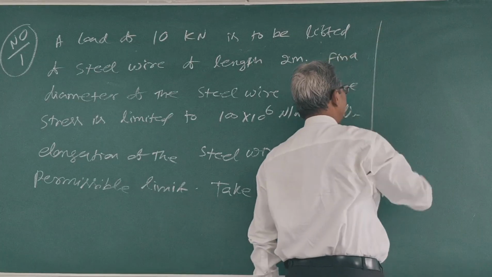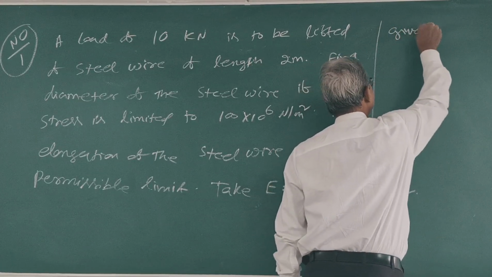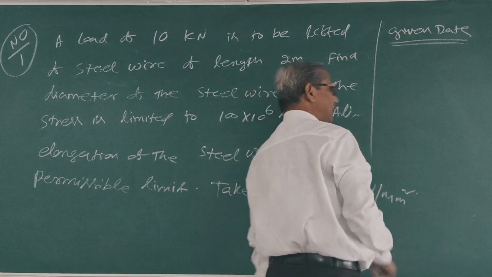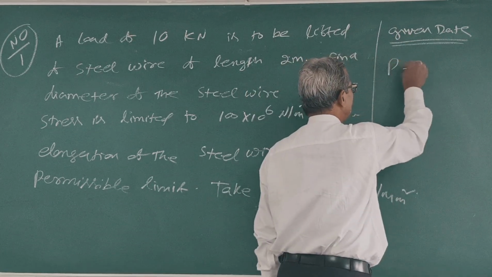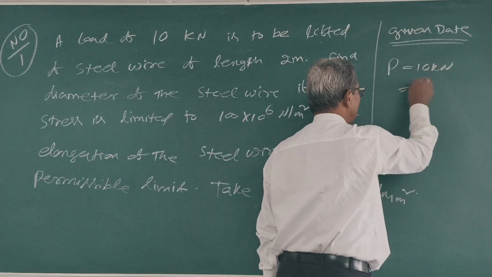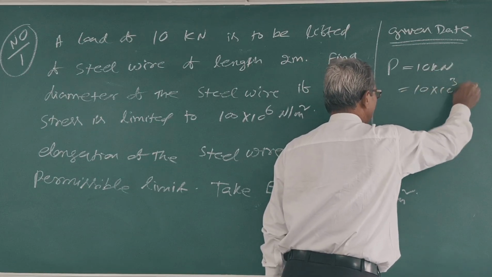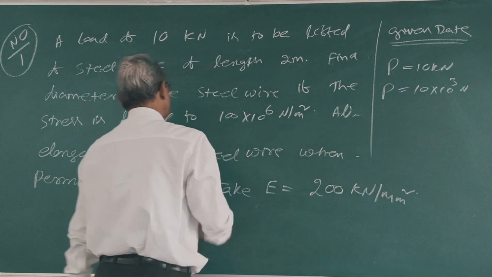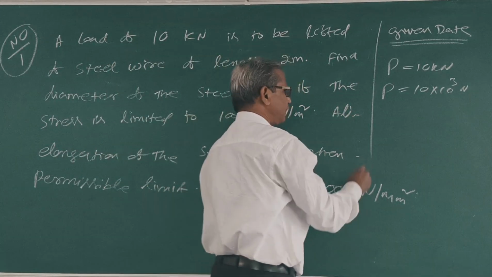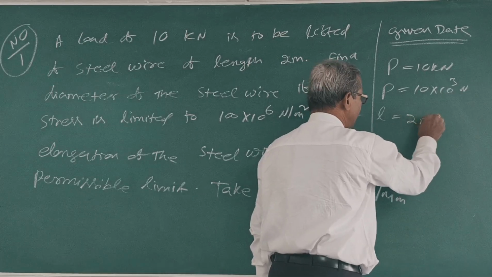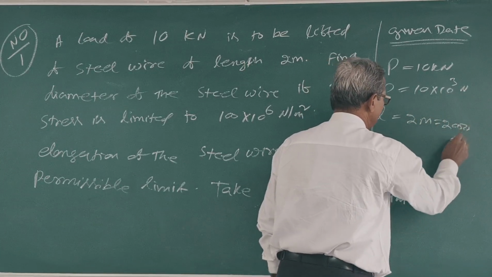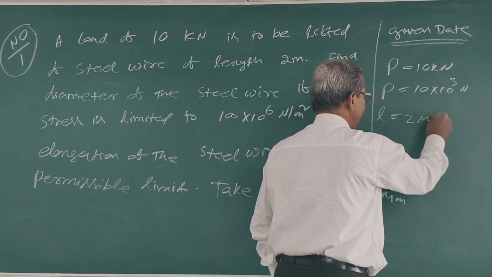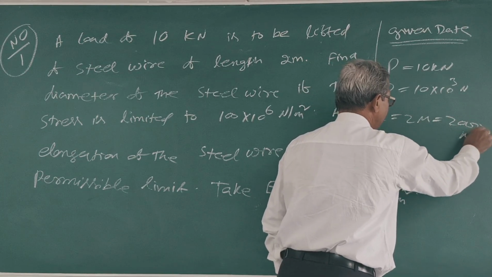Given data. What is the load? 10 kilonewton. So P is equal to 10 kilonewton, which is equal to 10^3 Newton. Clear? Length of the wire is 2 meter, so L is equal to 2000 mm.